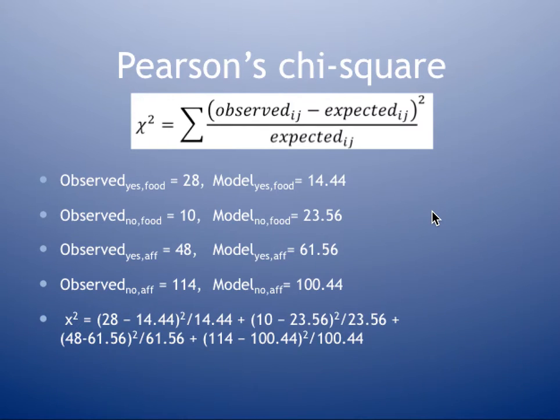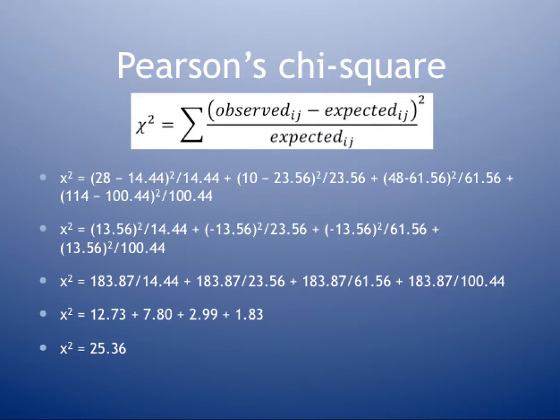So, again, our chi-square value is going to be equal to the observed minus the expected, 28 minus 14.4 squared, divided by the expected, 14.4. Then we add that to the observed for no and food minus the expected for no and food, squared, over the expected for no and food. We have that here. Do the same for yes and affection, and the same for no and affection. That's what our chi-square is. And we just do the math. We just go from there.